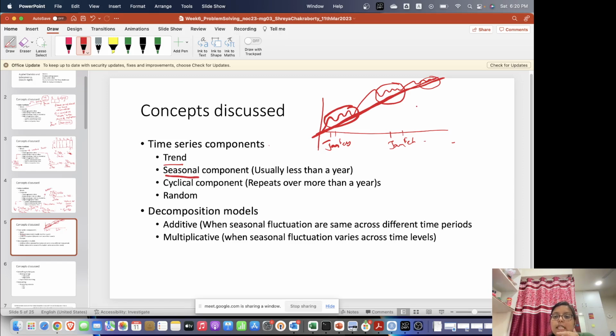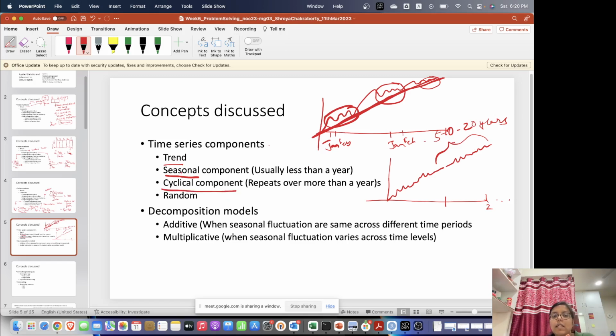Now if we see some pattern repeating over a large amount of time, so let's say we have some data, this pattern, this one, let's say this is year 1, again we have something like this, year 2, and so on. If this same pattern repeats over 5 to 10 to 20 years, then that is known as a cyclical component.